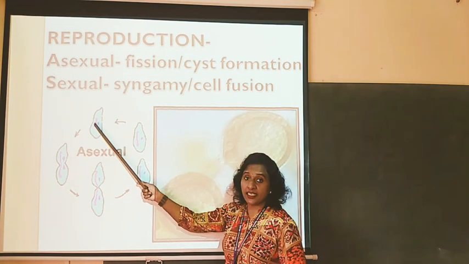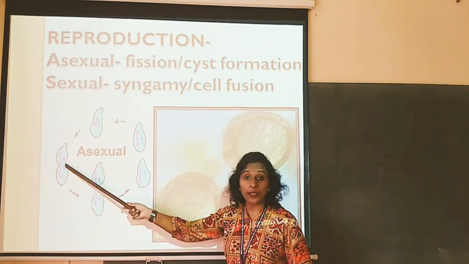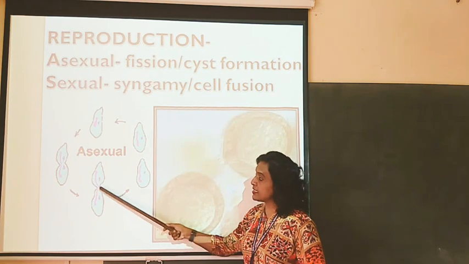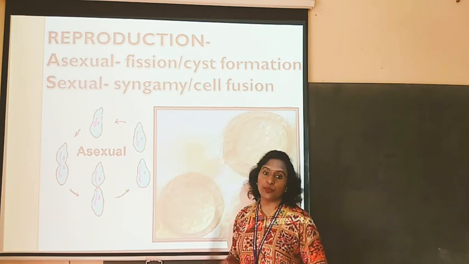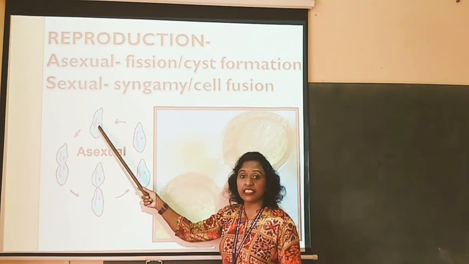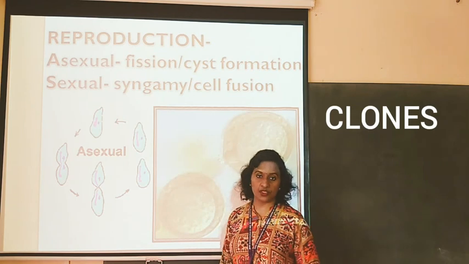So, the DNA or genetic material in the parental cell undergoes duplication, gets separated from each other, and the daughter cells are formed here. Since these daughter cells are identical to the parental cell, they are also called clones.